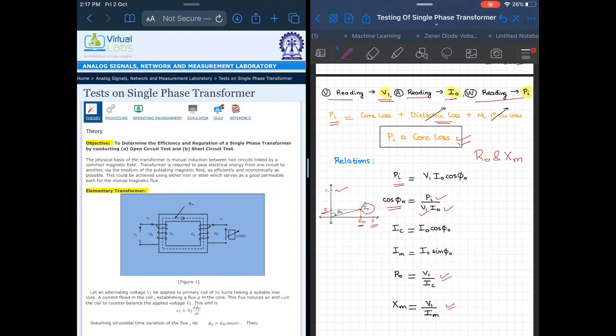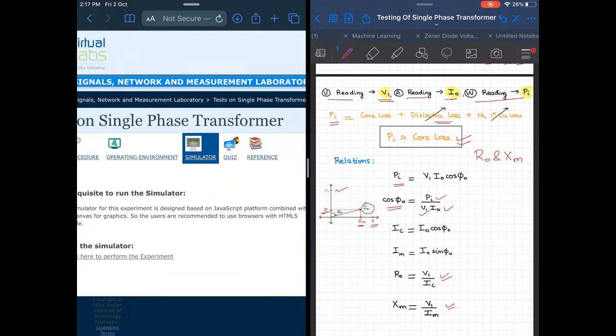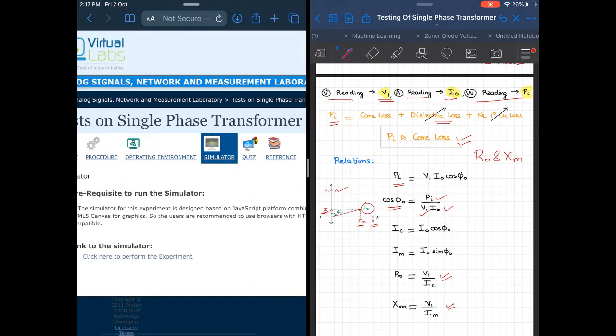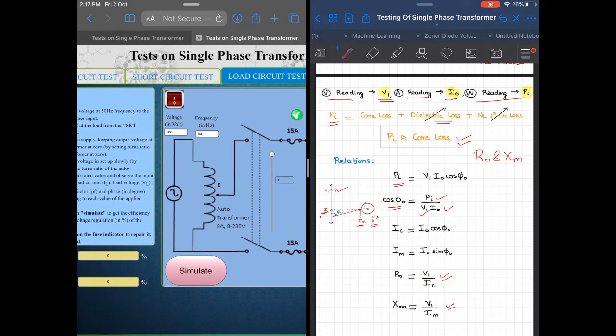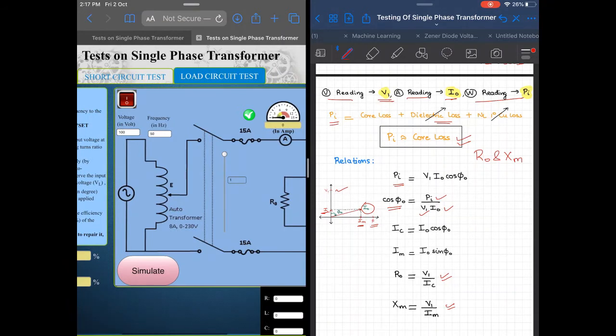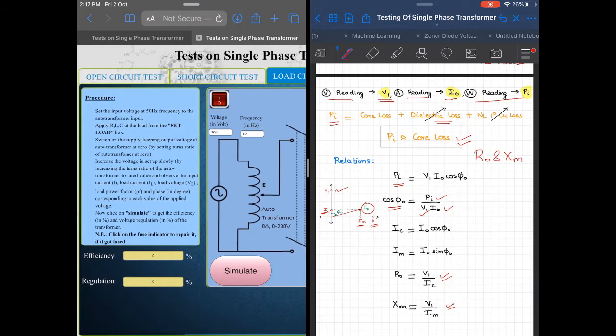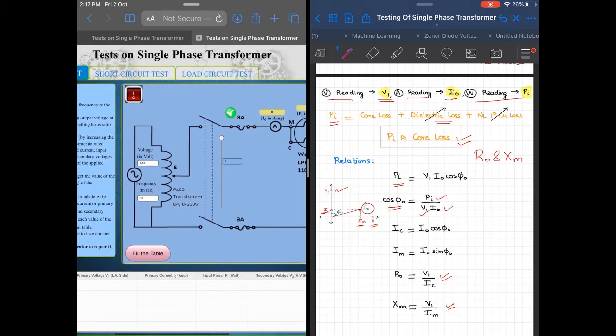Now I will shift to the website and go to the simulator section. We click here to perform the experiment. So this is the equivalent circuit for the open circuit test. I'll click on the open circuit test.